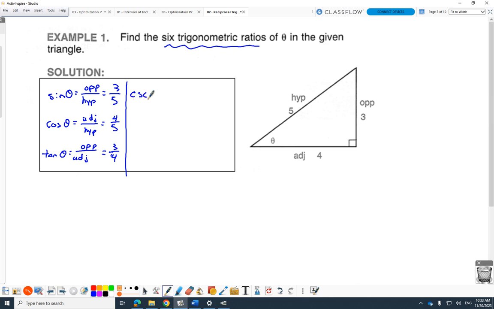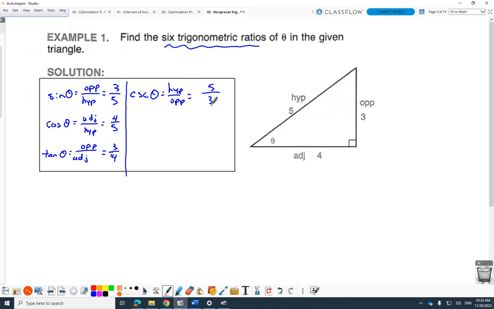CSC of theta would be hypotenuse over opposite, which is 5 over 3. A very fair question would be, why do I care? That's going to take a little time for me to be able to explain why do I care. The big answer is sometimes we want the fraction the other way around for a certain question we're doing.